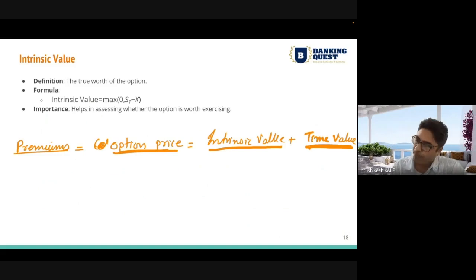Okay. Now, let's take an example. You have option 1 and option 2. You have entered into an option to buy, therefore I am writing call option, to buy 1 kg of wheat from the farmer at 30 rupees.